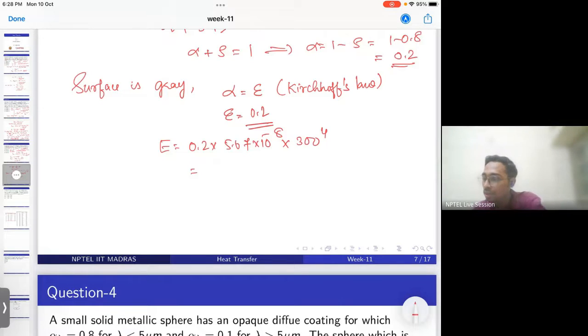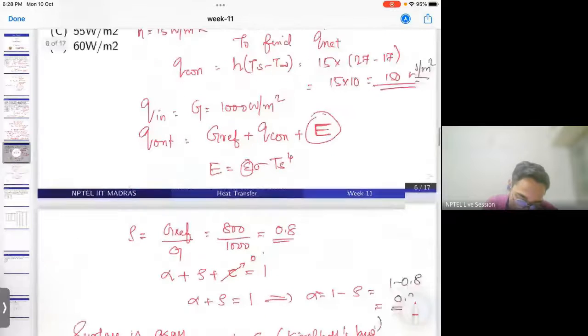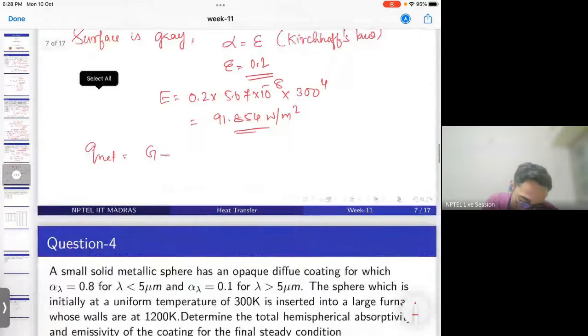If you calculate, you will get 91.854 watts per meter square as the answer. That is the emissive power of the body. So what is Q net? Q in, that is G, minus E plus Q convection plus rho times G reflected.